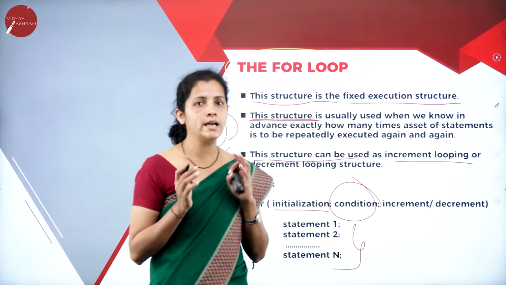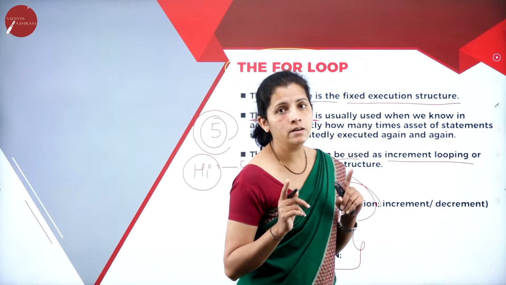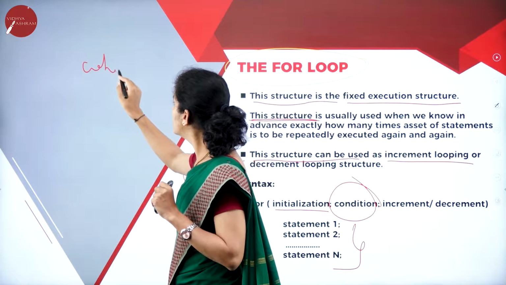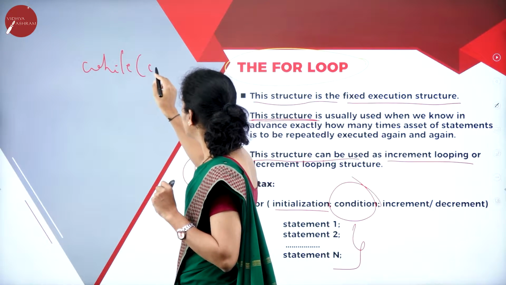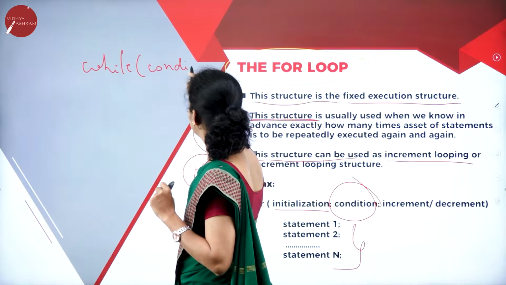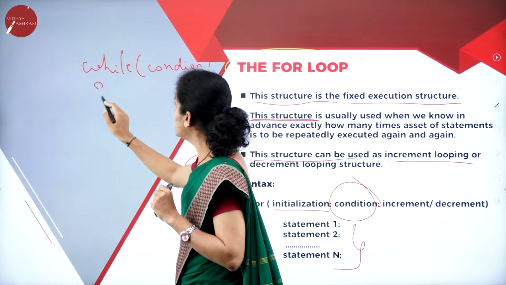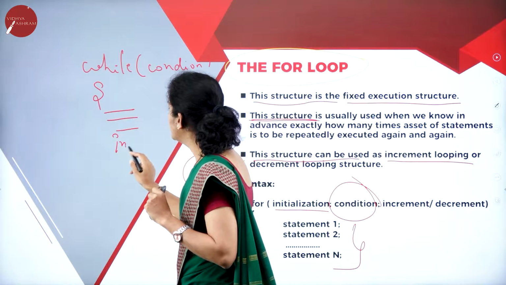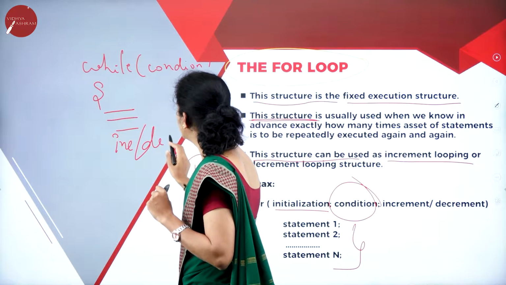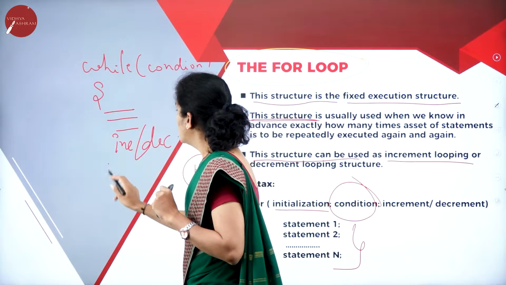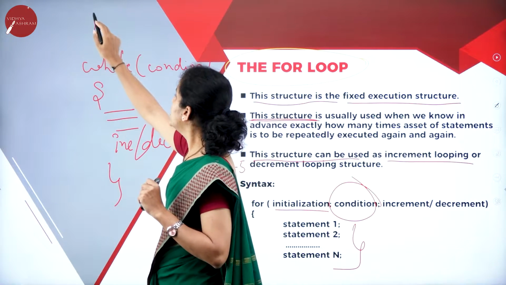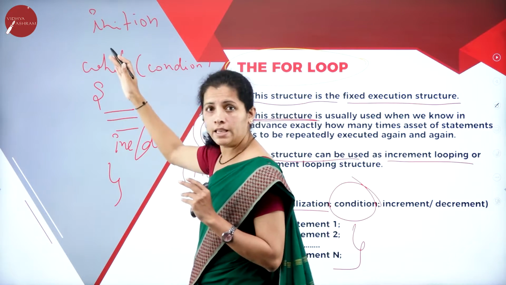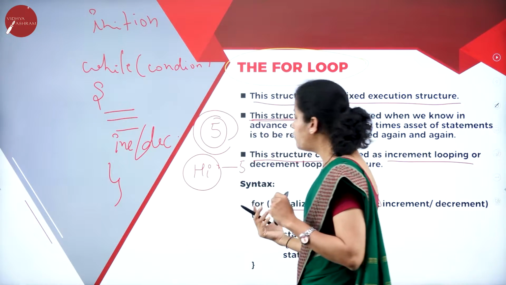So dear student, I repeat once again here. If I consider while, I'm having the condition, then I'm going to have this statement, then the increment or decrement, and at the beginning I'm going to have the initialization. Same thing I'm going to club in the for loop.